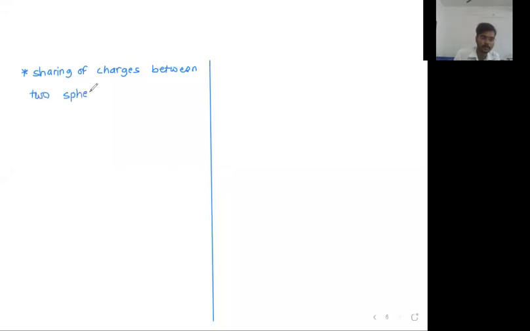Write down: sharing of charges between two spherical conductors. This is applicable only for spherical conductors, not for any others.